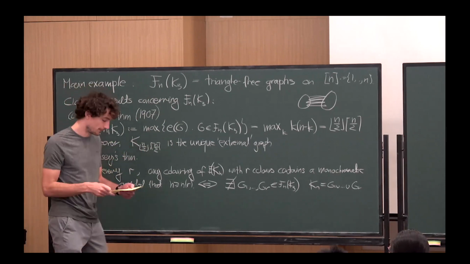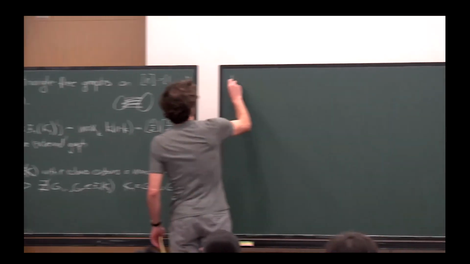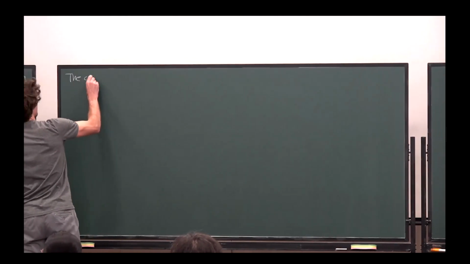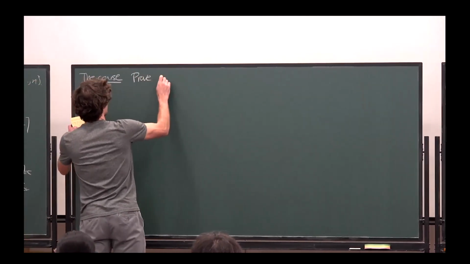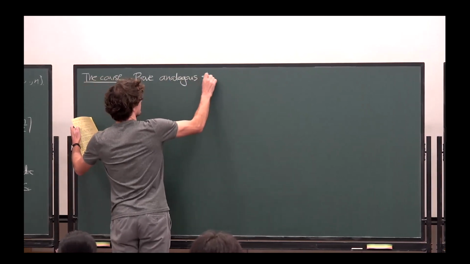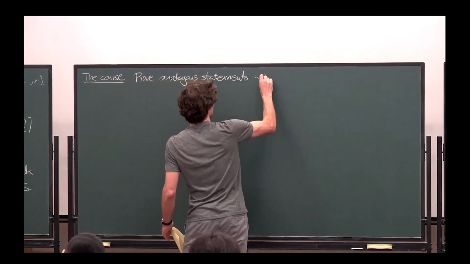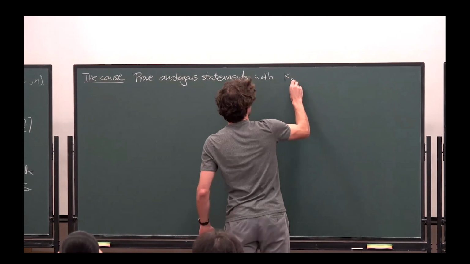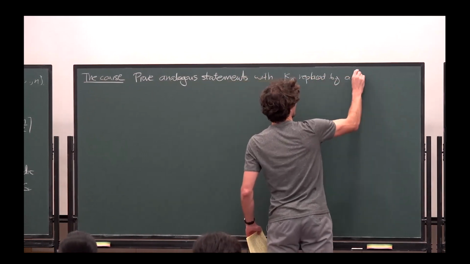So in the course we will prove analogous statements with Kn replaced by a typical graph.